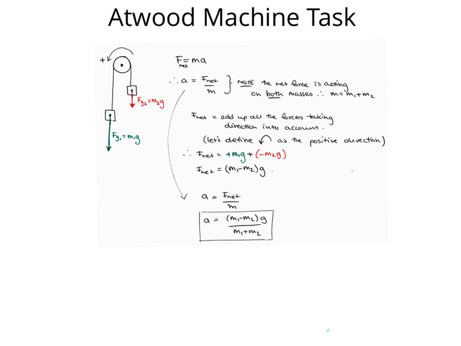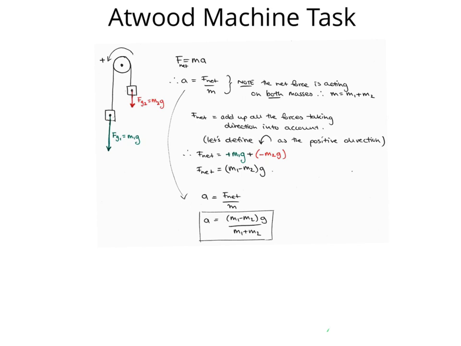Now to add these two forces, we need to come up with a positive direction. So here we will define anti-clockwise as the positive direction. We can't use down because the pulley system makes the direction of the forces a little bit harder to distinguish.